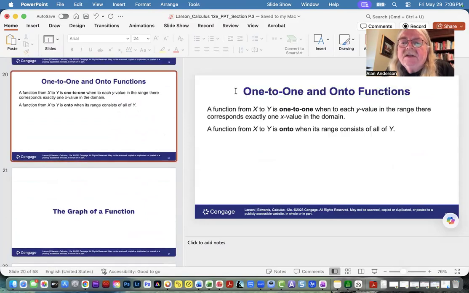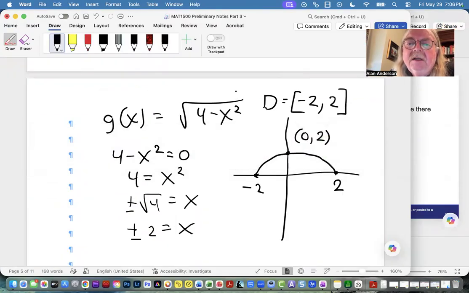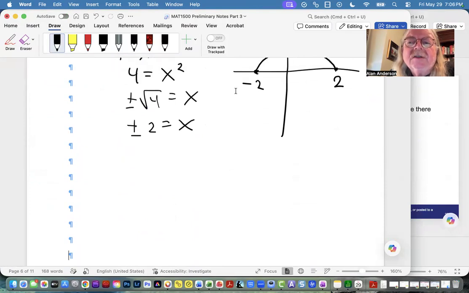Now, here's an interesting result. Even though we know how a function works, what it means to be a function, there are different special cases that we need to be familiar with. Among them, one of the more important ones is the notion of a one-to-one function. A one-to-one function is a function that has an extra key property.